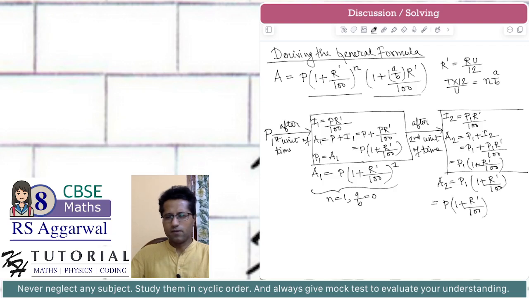So A2 is P multiplied by 1 plus R dash by 100, multiplied again by 1 plus R dash by 100. This is equal to P multiplied by 1 plus R dash by 100 squared.